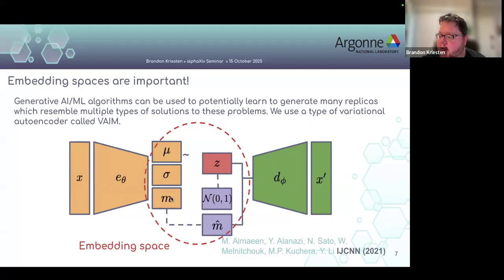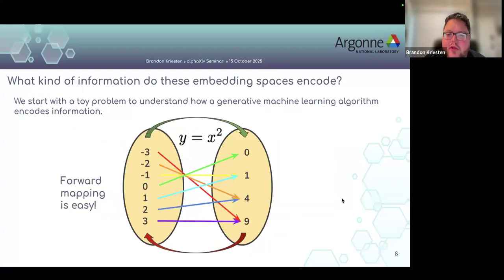But you also have this extra pathway of information, which I call M here. And this M is constrained to look like some type of observable that you want to look at. With this extra pathway of information, it combines with the latent space distribution through the decoder and gives you multiple different solutions.